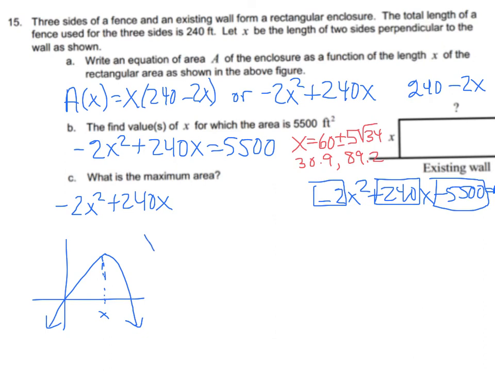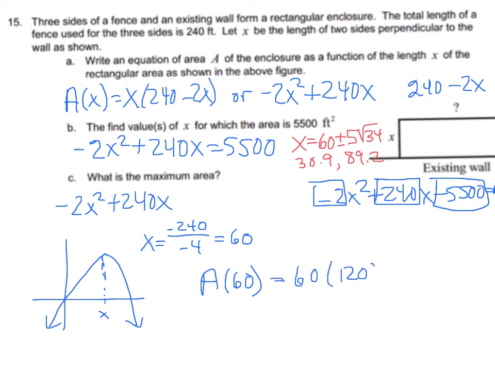To do so, the vertex of this parabola occurs at the opposite of b over 2a, or 60. And I have an area function above, so if I can find A of 60, which would be 60 times 120, this would be the maximum area. So A of 60 is equal to 7,200 square feet. So that's how you would go about doing problem number, whatever that is, 15.